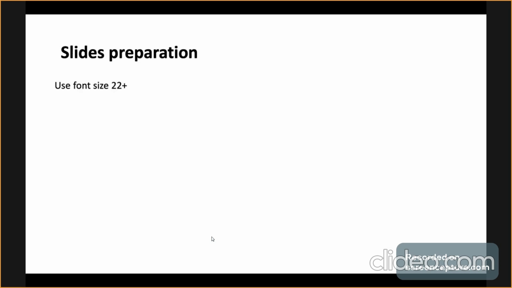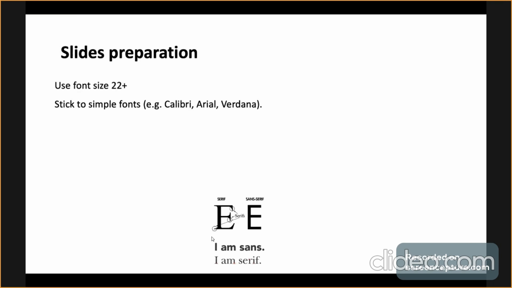For slides preparation, mostly it is made through PowerPoint. You have to use a big font size, so you have to use fonts over 22 points. Also, try to use simple fonts. Some of the fonts are called serifs, that have extras.